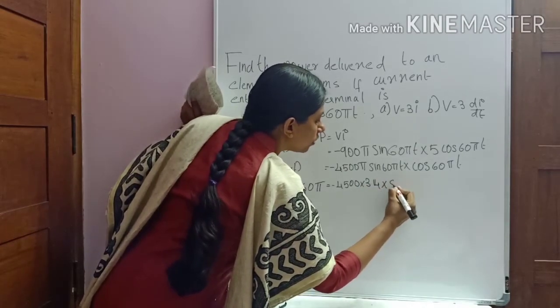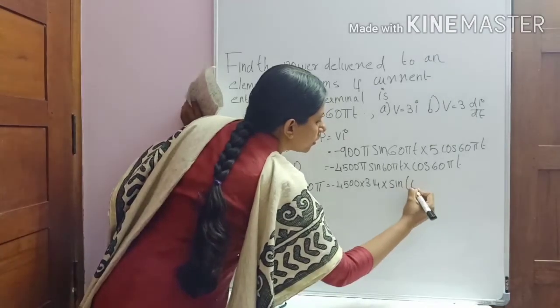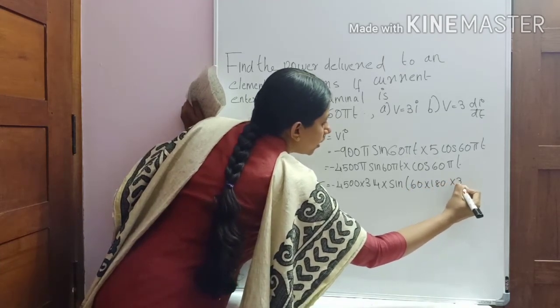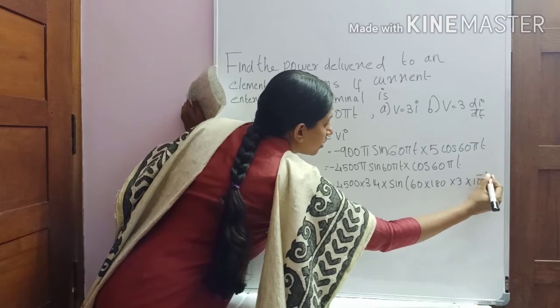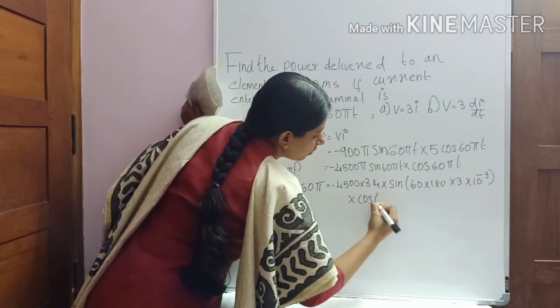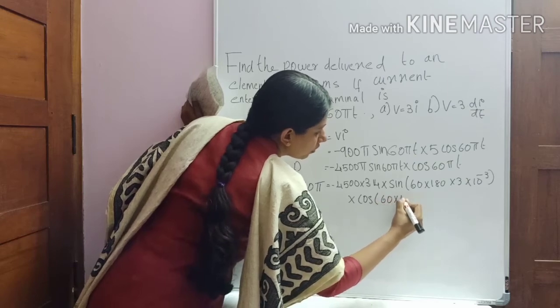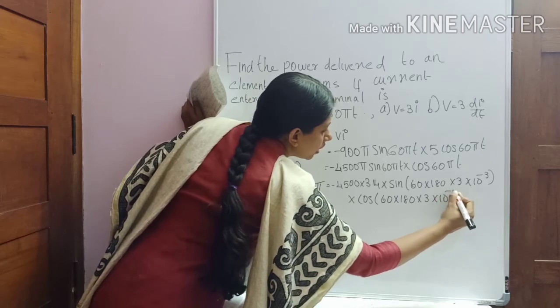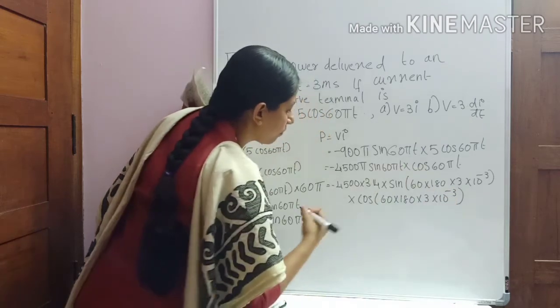3.14 into sine of 60 into 180 into 3 into 10 raised to minus 3 into cos of 60 into 180 into 3 into 10 raised to minus 3.